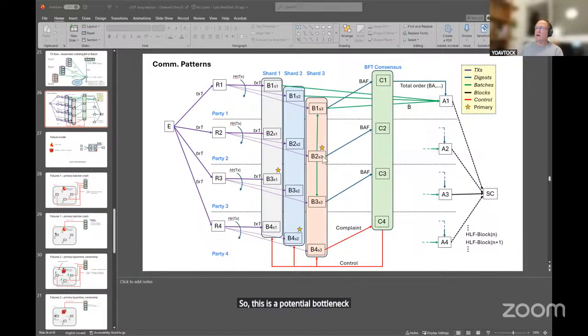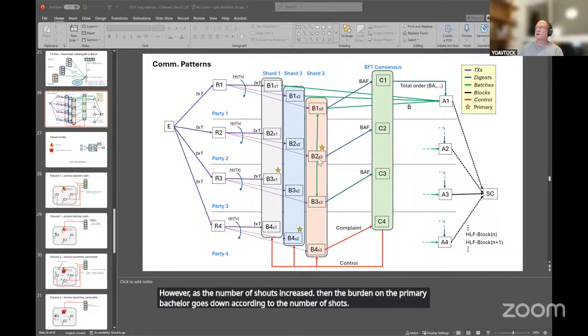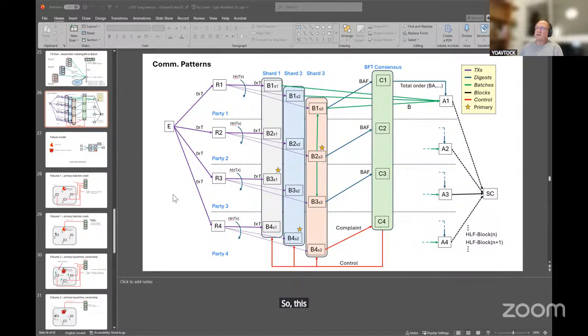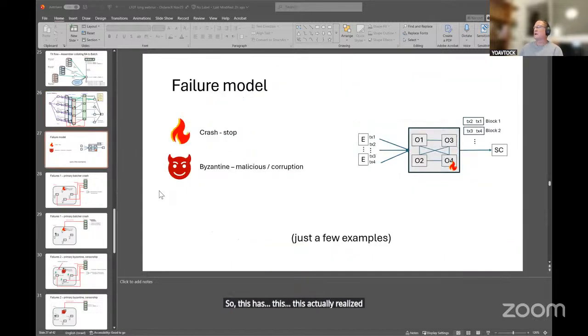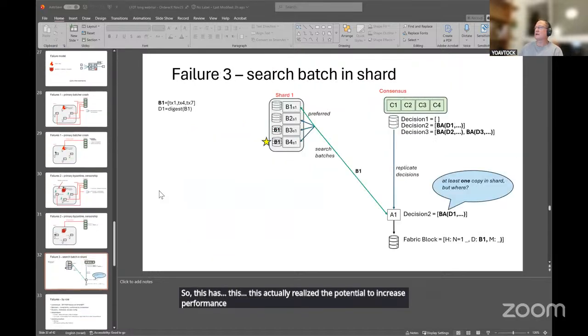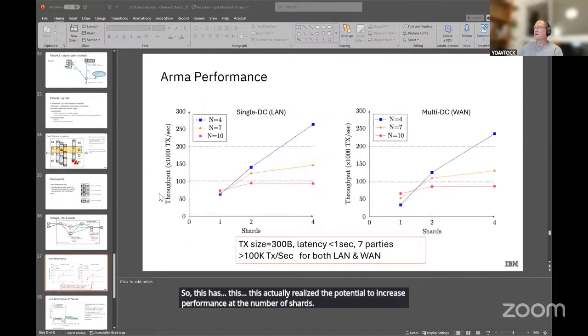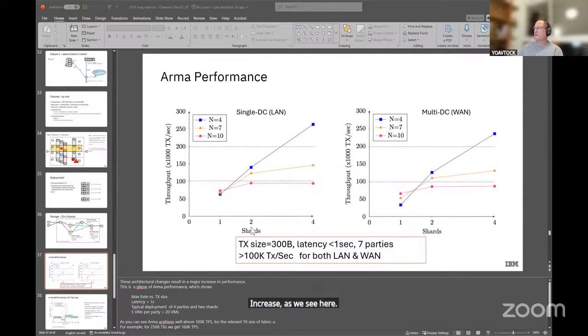If we have only one shard, then the primary batcher will have to broadcast the entire volume of transactions. However, as the number of shards increases, the burden on the primary batcher goes down according to the number of shards. So this actually realizes the potential to increase performance as the number of shards increases, as we see here. You see in both sides of the performance picture, both on LAN and on WAN, that performance increases with sharding.